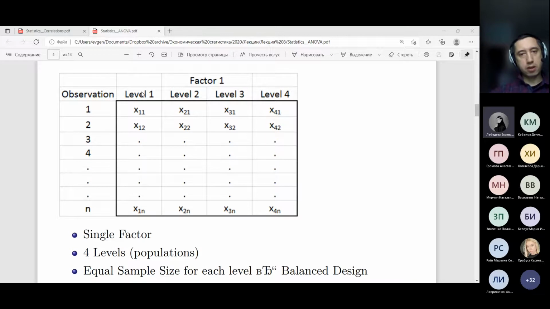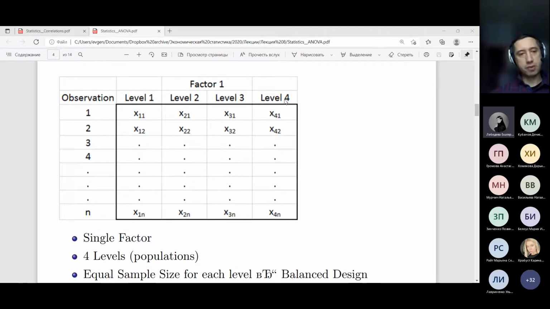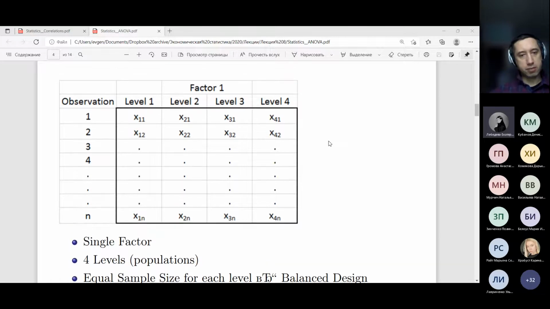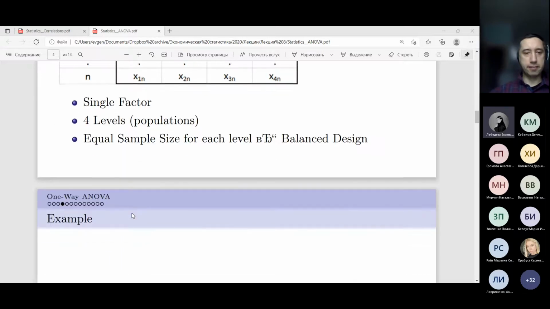So if we work, for example, with the self-employed variable, we have 3 levels. And in this example, we see that all sample sizes are the same among all of our levels. Hence, we deal with a balanced design.